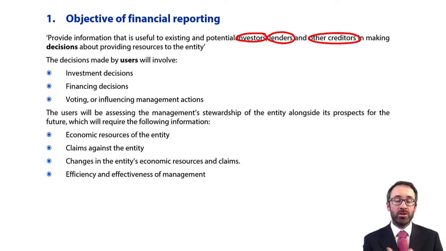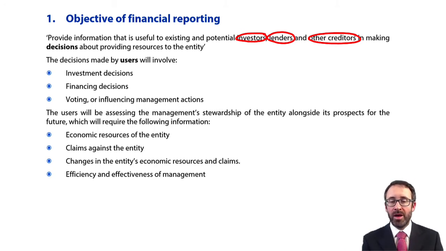So we're looking at your suppliers, because the investors, the lenders and the creditors want to understand what the business is doing and how it is being managed. The investors provide money, the lenders provide money, the other creditors are providing short-term finance.